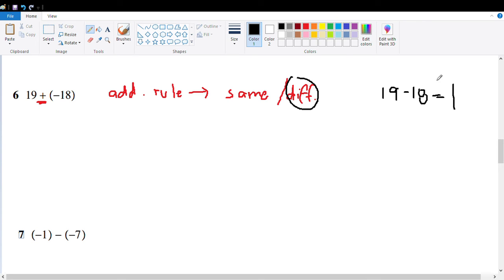Now that we have 1, we have to figure out which sign we're going to have. So which is larger? The absolute value of 19 or the absolute value of negative 18? It's going to be 19. So our final answer is 1.